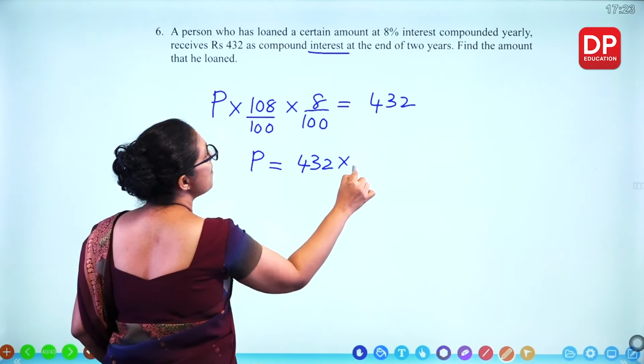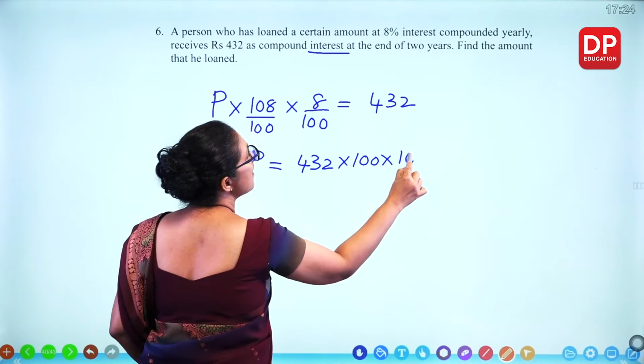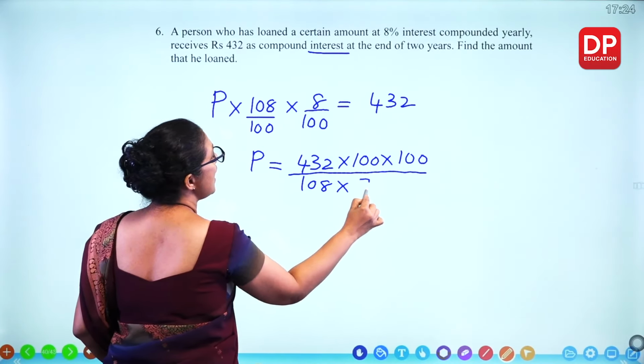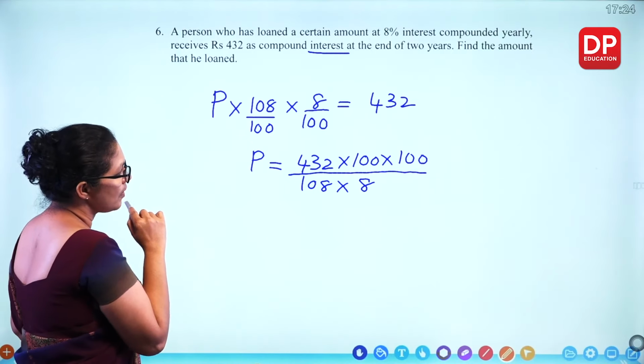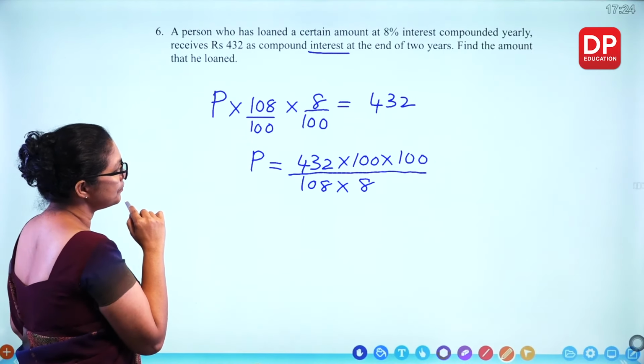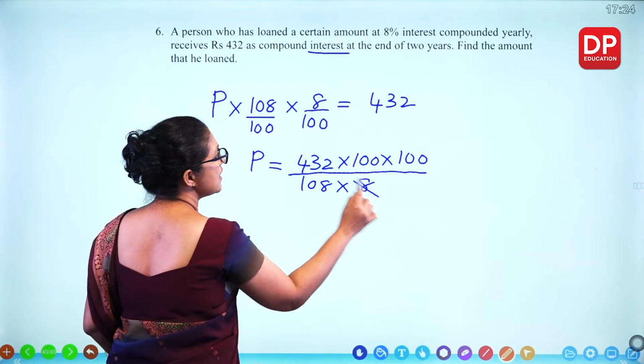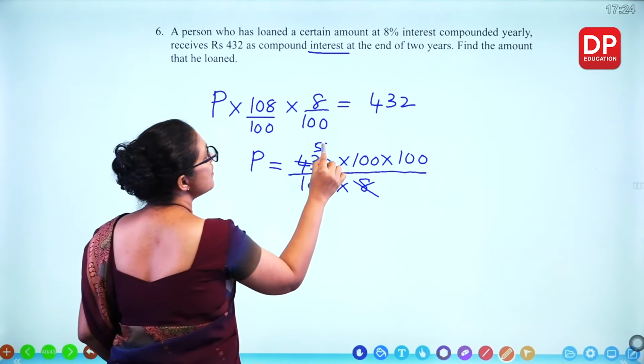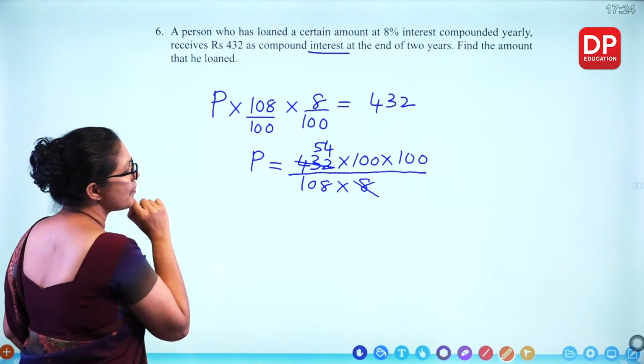So what is P? 432 multiplied by 100 and 100, divide by 108 and 8. So divide by 8. 8 times 5, 40. For 32, that's 8 times 4.